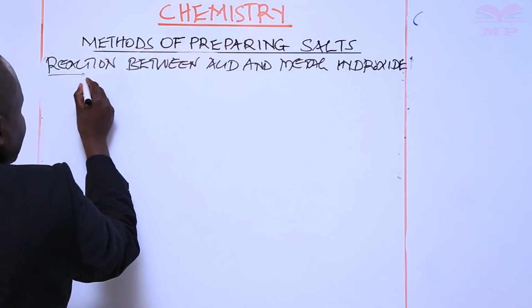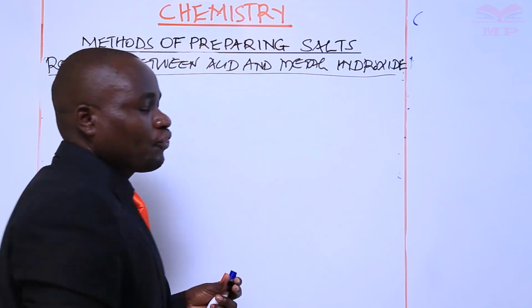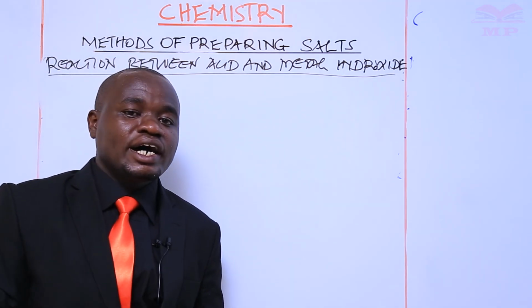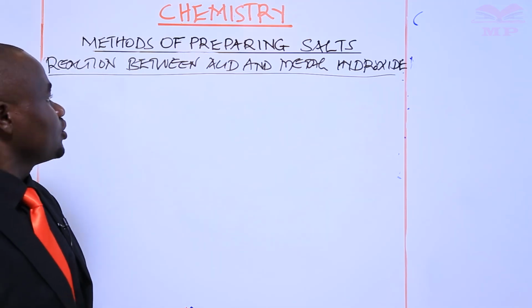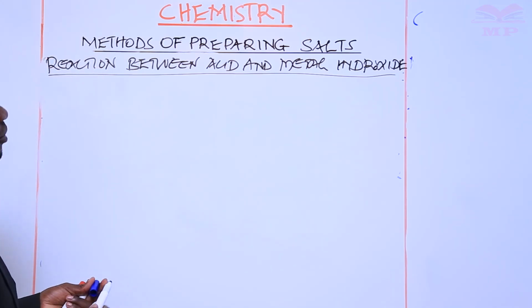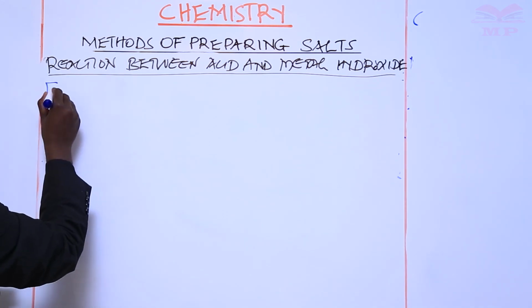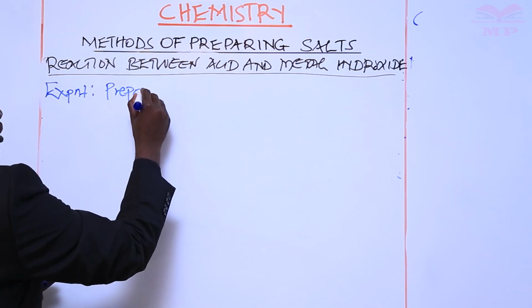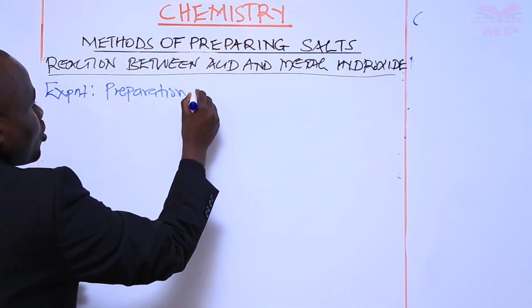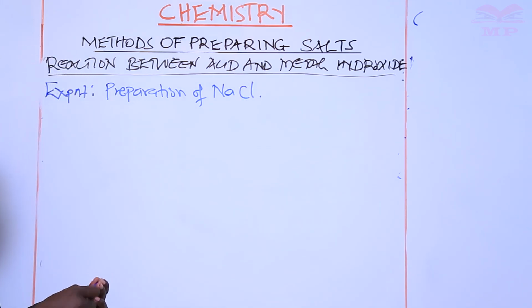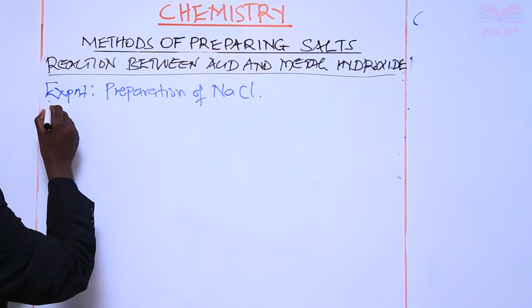Remember we said both metal oxide and metal hydroxide are regarded as bases. Don't forget that. So I want us to consider a very simple experiment here: preparation of sodium chloride.